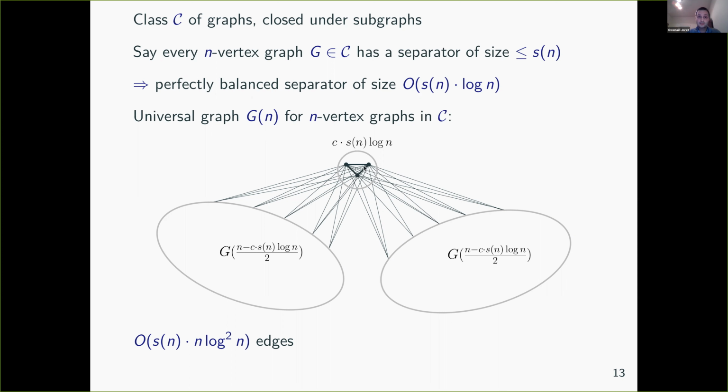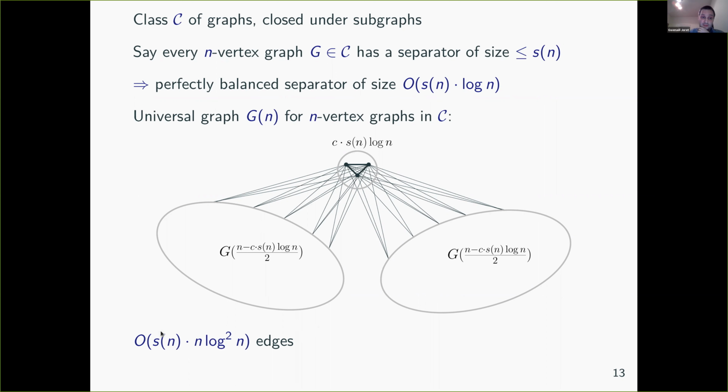So you put a clique on a number of vertices which corresponds to the size of the perfectly balanced separators you're guaranteed. You make it universal, you recurse on each side, you split exactly in half the remaining number of vertices. And then we get this type of bound on the number of edges. So the size of the separator times n times log squared n, right?